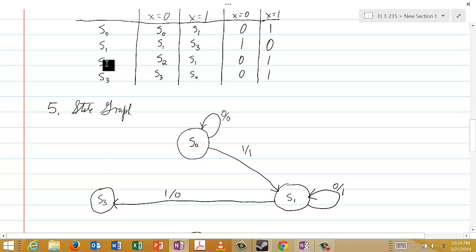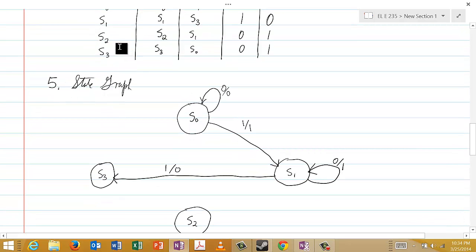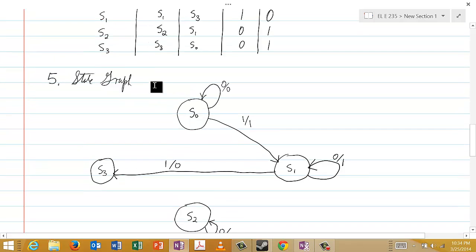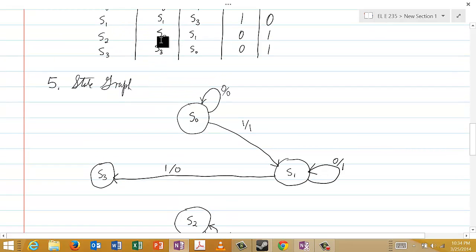Now, what if we're in S2? If we're in S2 and x is equal to 0, we'll stay in S2. And what will we output if we're in S2 and x is equal to 0? We'll output a 0.